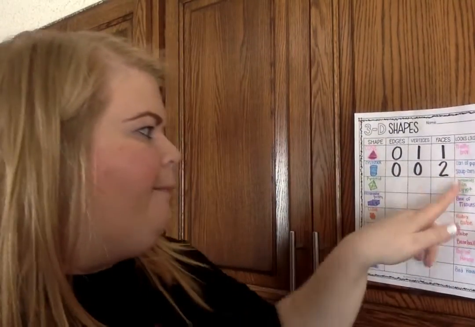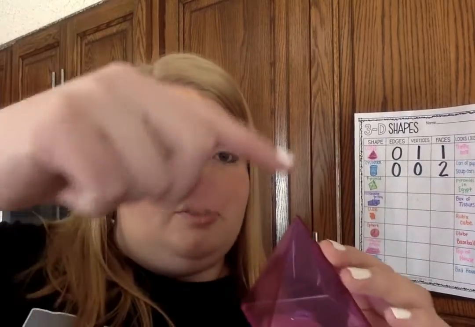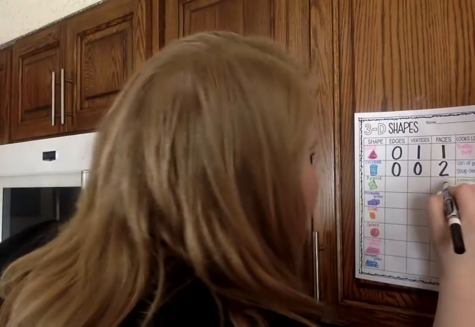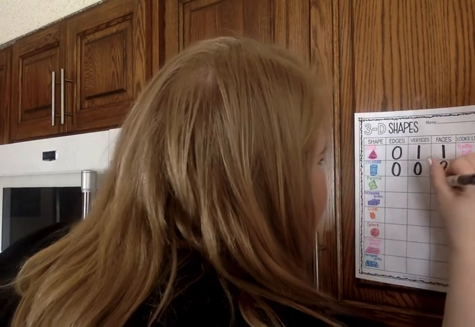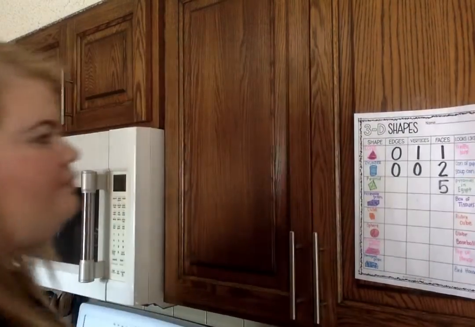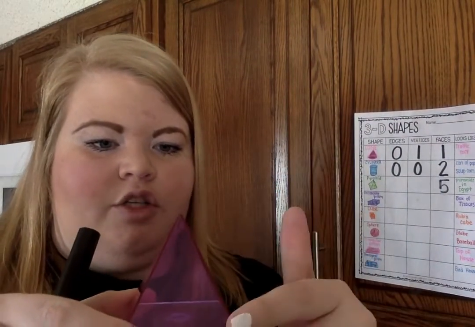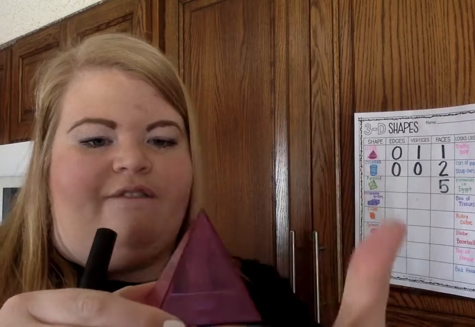So we're going to move on to the pyramid, which looks like the pyramid in Egypt. So let's start with the faces. We're going to work our way backwards on this anchor chart. So faces, 1, 2, 3, 4, 5. So a pyramid has 5 faces. Now vertices are the pointy parts. 1, 2, 3, 4, 5.